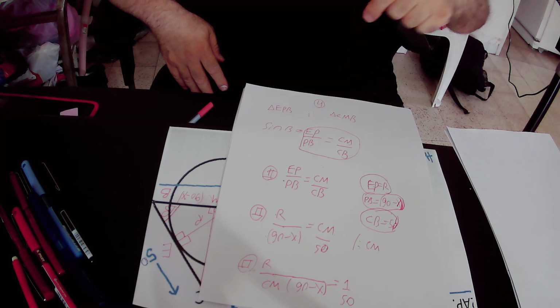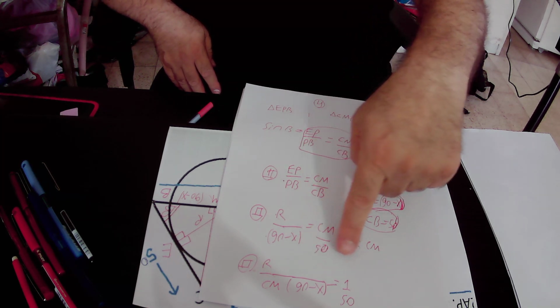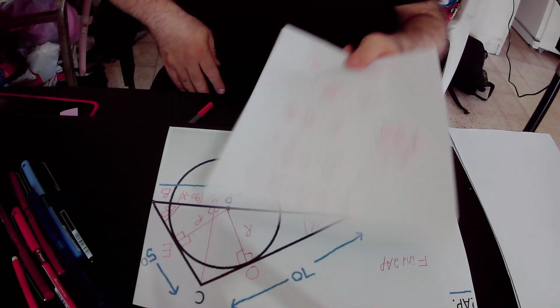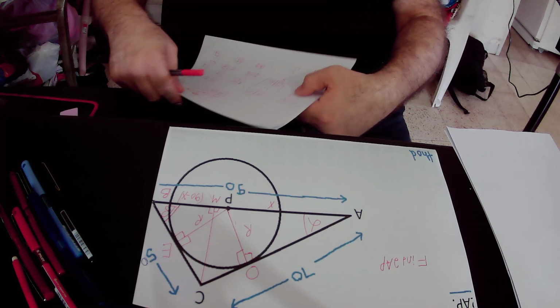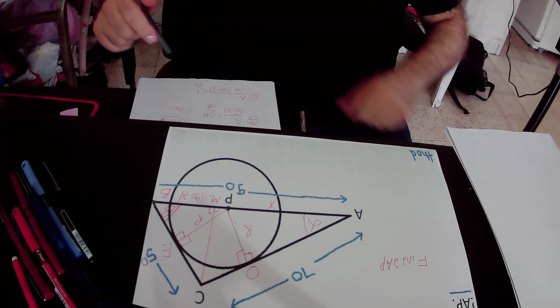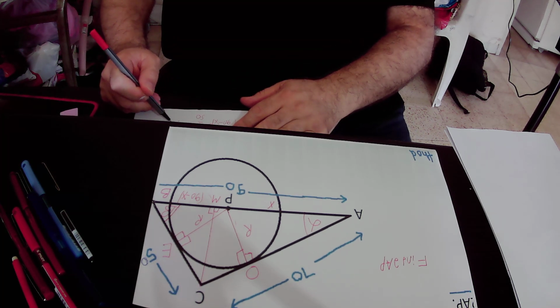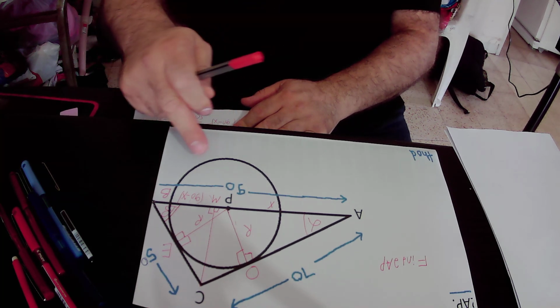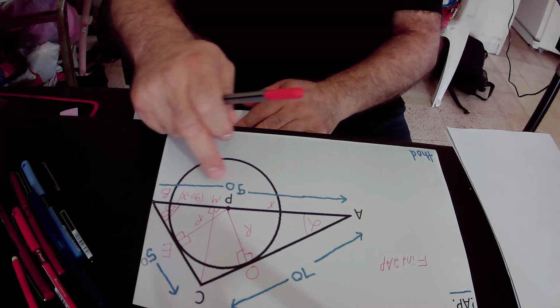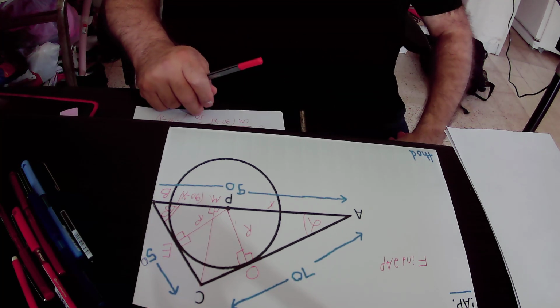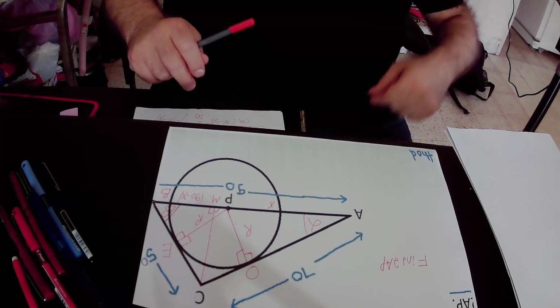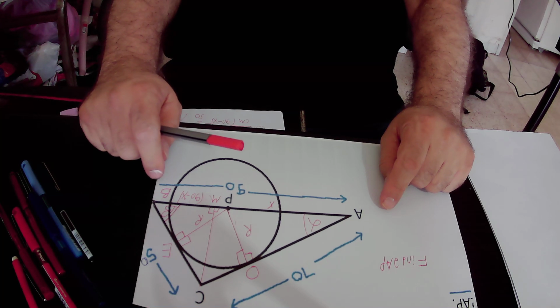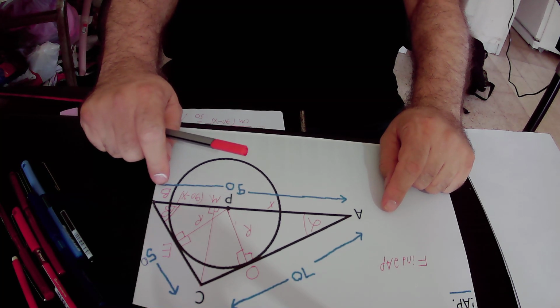In the next step we will multiply both sides of the equation by 90 minus X. It is allowable to multiply both sides by 90 minus X because PB equals 90 minus X, and 90 is greater than X, so 90 minus X must be a positive number. It can never be 0.